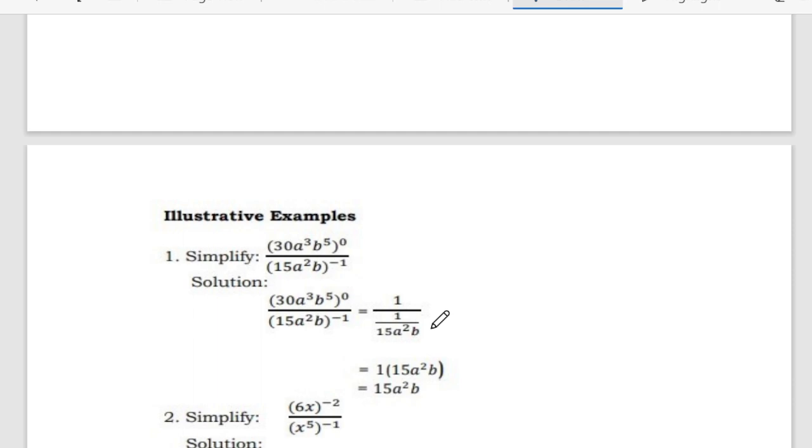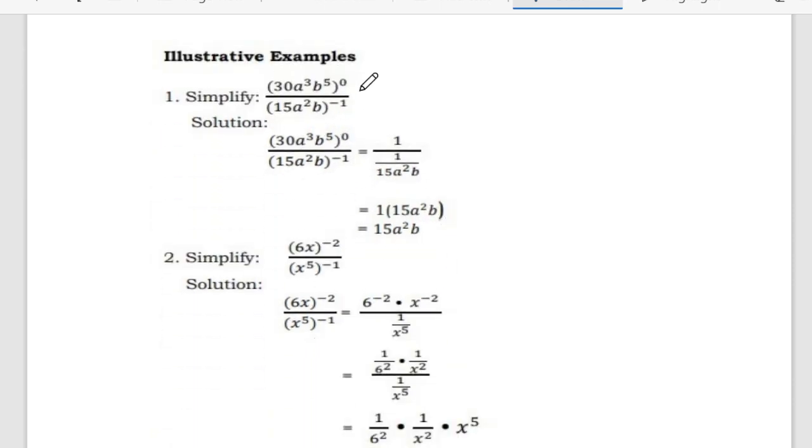Okay. So you just simplify the same process. Okay. So, since the whole quantity raised to 0, ang answer niyan is just 1. Ito, since the exponent is negative 1, you just put it on the denominator lahat. Then, applying division of fraction, magiging 1 times, baliktarin nyo lang yung denominator.